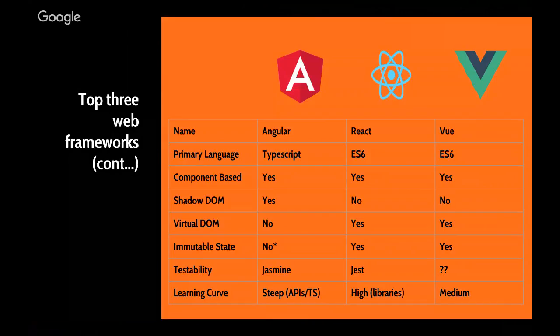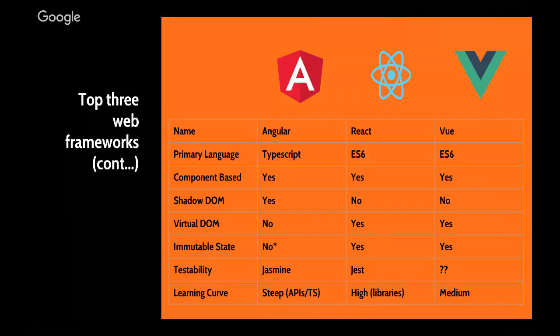There are a couple of different ways that Angular handles the shadow DOM. You can do native shadow DOM, but if you have to go back to IE 9, 10, 11, you can do emulated shadow DOM, where it just does a whole bunch of property selectors on your class names.